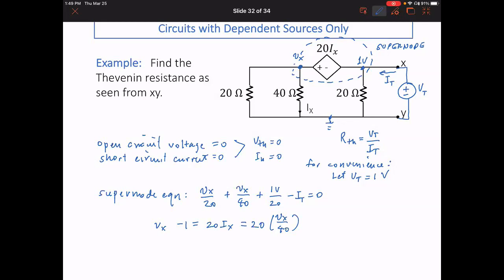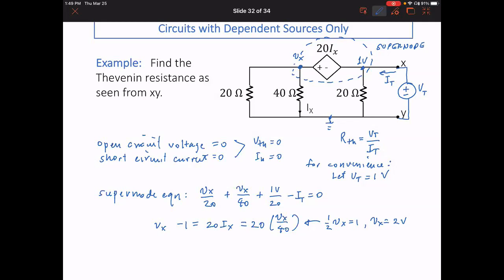Right? In fact, dito pa lang, makukuha ko na yung value ng V of x. I only have one unknown here. So this is V of x minus 1 is equal to 1/2 V of x. So 1/2 V of x is equal to 1, or V of x is equal to 2 volts.